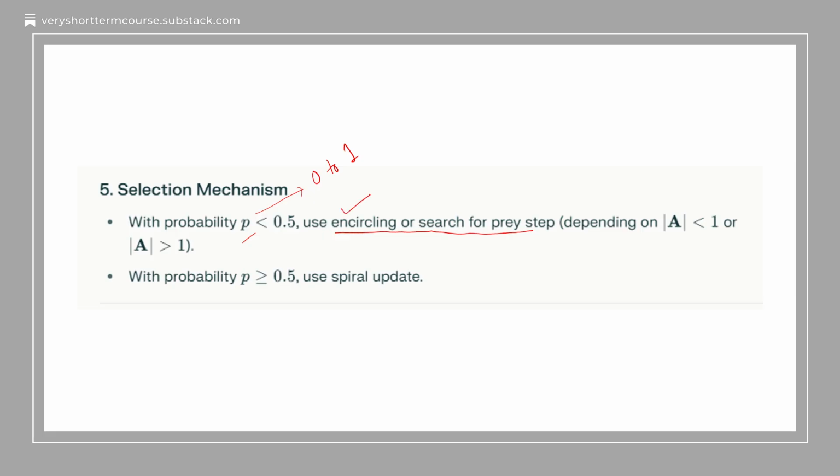If it is greater than 1, you will follow the search for prey or exploration phase. And if your value of P is greater than 0.5, then you will follow the bubble net attacking or spiral update phase. So this is as simple as that.